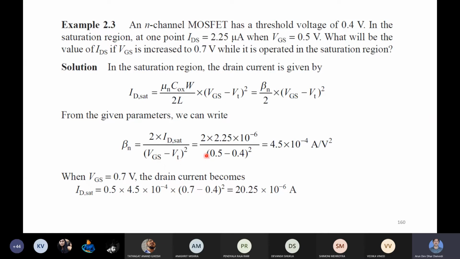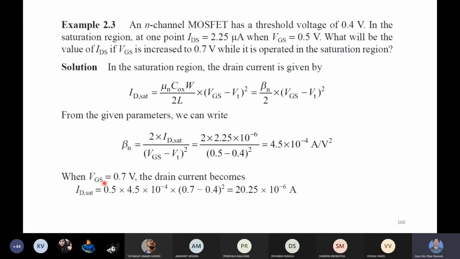The current is given as 2.25 into 10 power minus 6, since 2.25 microampere. So with the help of the ID sat formula, we find beta n as 2 ID sat divided by 0.5 minus 0.4 whole square. Putting all this in, we find these constant values, meaning mu n COX W by L. So beta n we find this much.